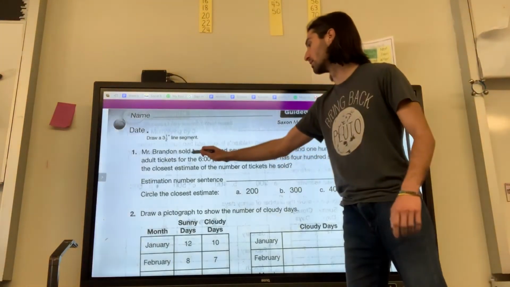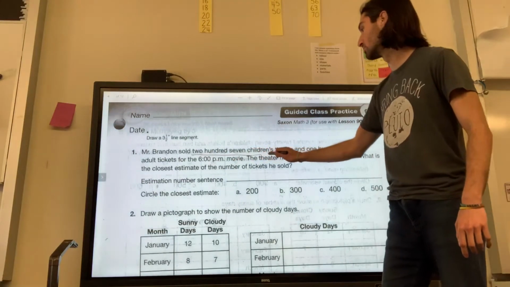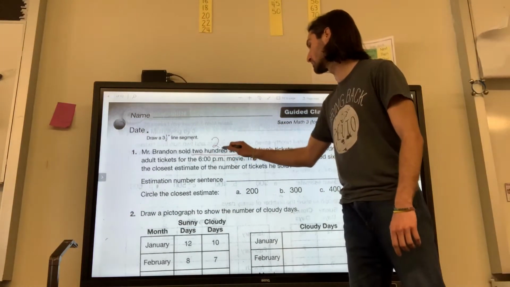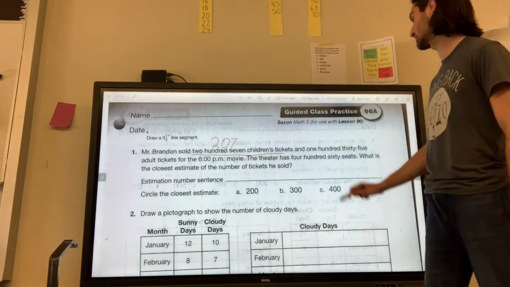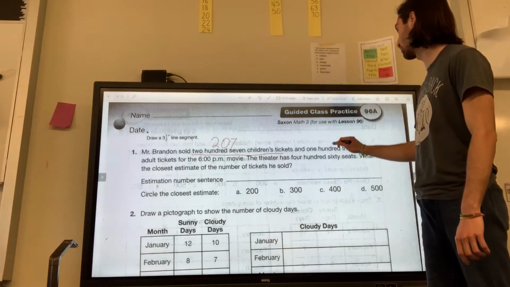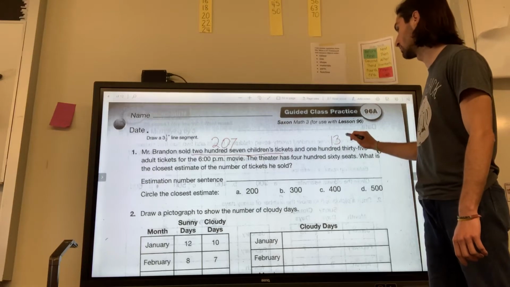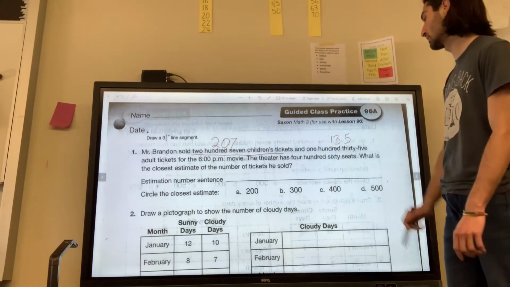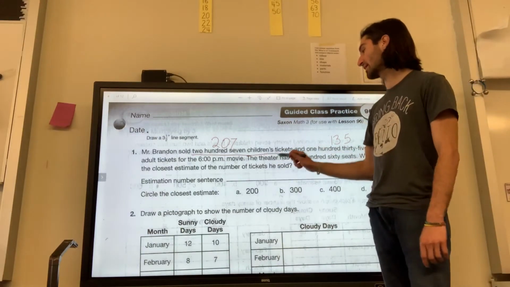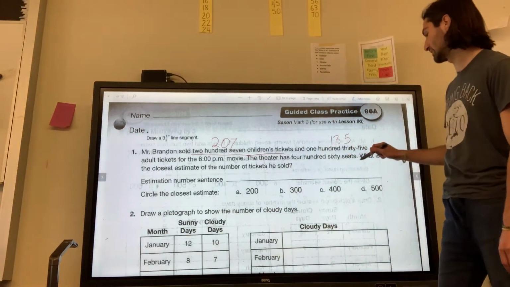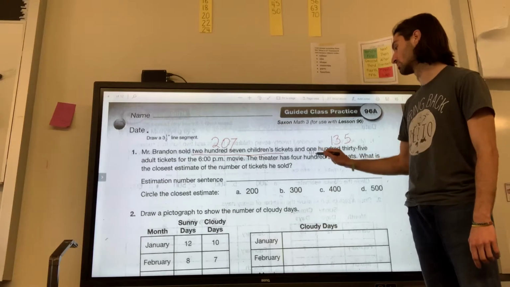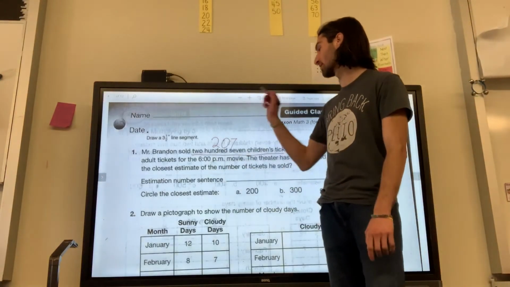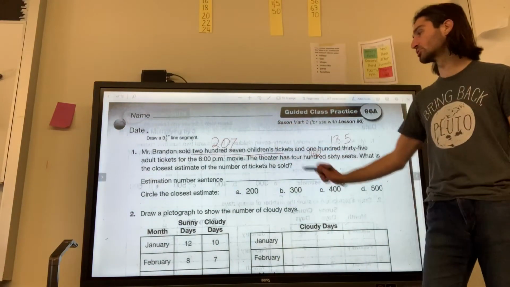I'll underline that number. 207 children's tickets and 135 adult tickets for the 6 p.m. movie. The theater has 460 seats. What is the closest estimate of the number of tickets sold?